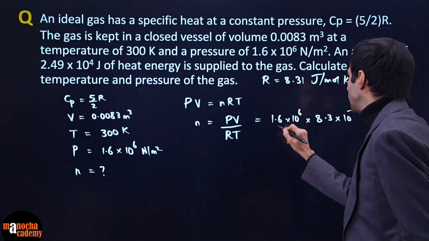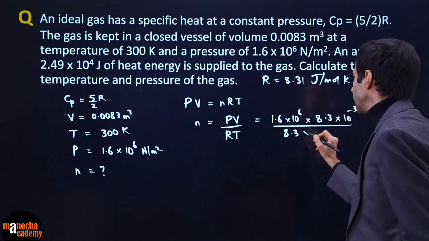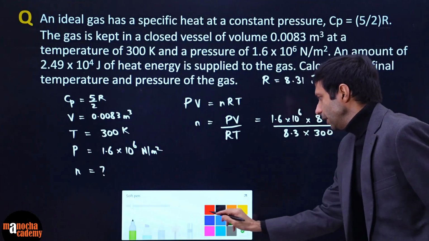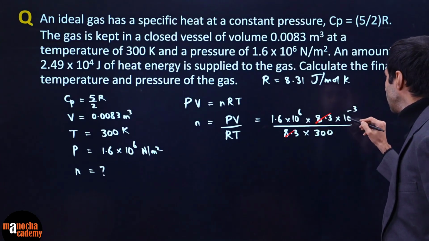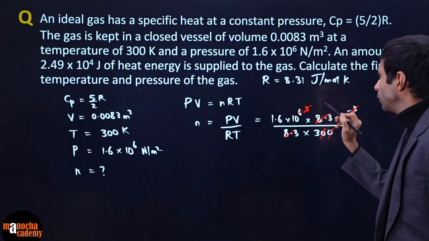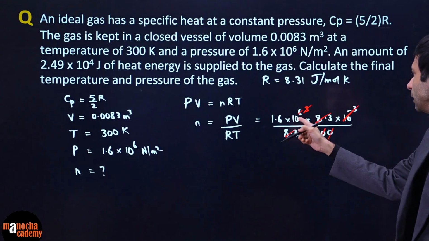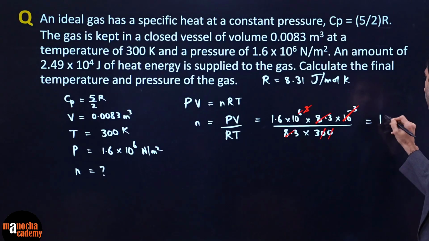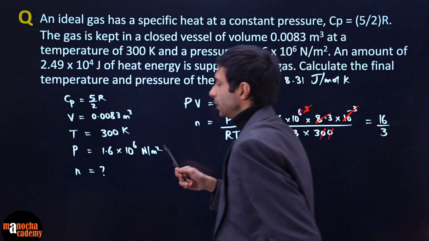R is 8.31, I'll take it approximately 8.3, times the temperature 300. You can see the nice thing here is 8.3 will get cancelled. 10 to the power 6 and 10 to the power minus 3, we are left with 10 to the power 3. There are two zeros here, so we are left just with 10. So finally 1.6 times 10 is 16, 16/3. Number of moles is simply 16/3. Please check.